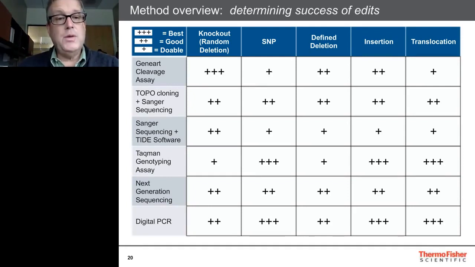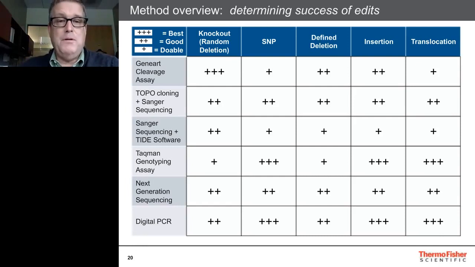Now, there are strengths and weaknesses to each one of these different types of techniques, and there isn't really one right answer for determining what the efficiency is going to be. Now, whether you have a knockout, random, sloppy mutation that I just talked about, SNPs, defined deletions, insertions, or translocations, all these techniques can be used to measure the efficiencies in these different types of edits, but they do so with differing strengths.